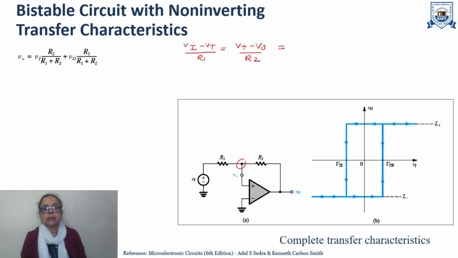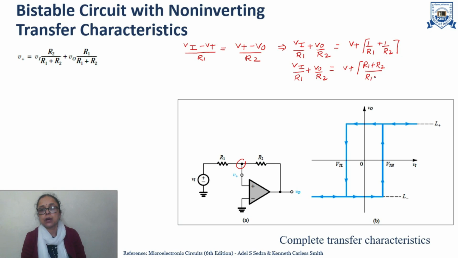This equation can be rewritten as Vi by R1 plus Vo by R2 is equal to V plus, we will take as common, 1 upon R1 plus 1 upon R2, and it can be further written as Vi upon R1 plus V naught upon R2 is equal to V plus times, we will take the LCM, R1 plus R2 divided by R1 into R2.